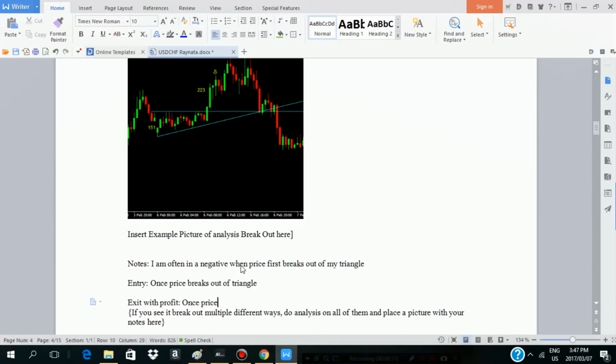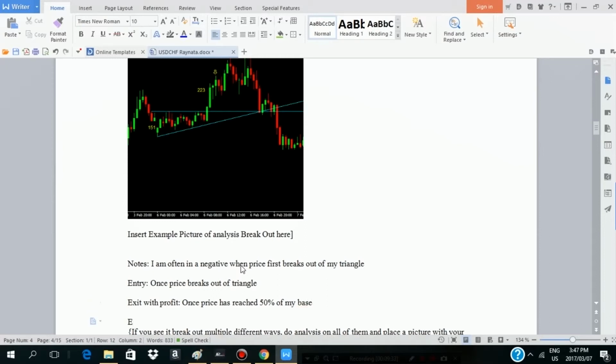Once price has reached 50% of my base, exit with loss.